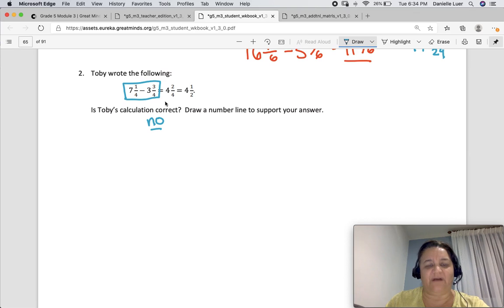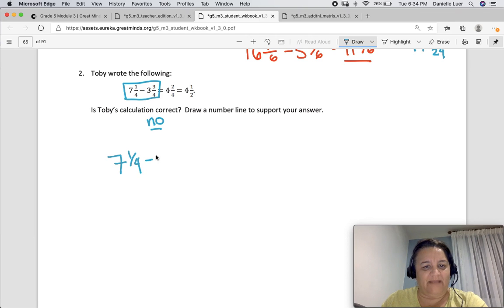So let's solve the problem first, and then we'll draw a number line to show what we did. Okay, so we took 7 and 1/4 minus 3 and 3/4, and what we're going to do is take this minus this.